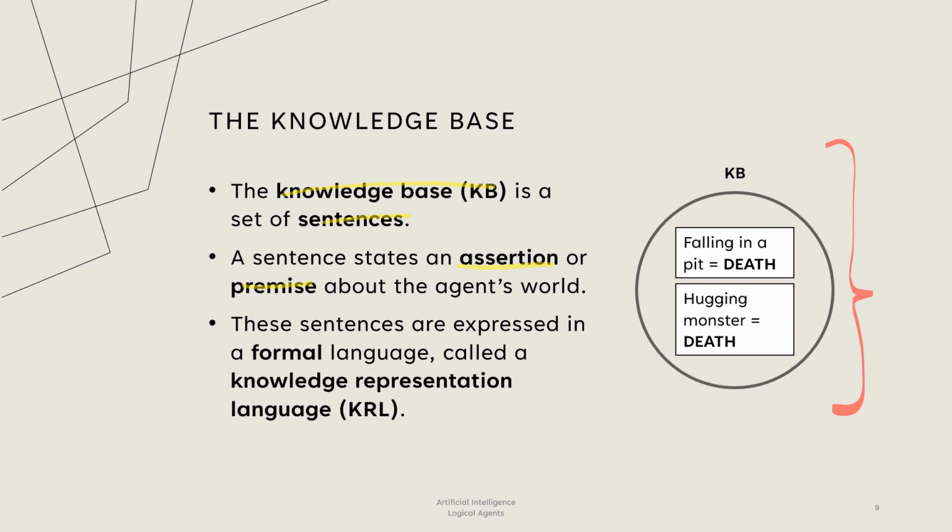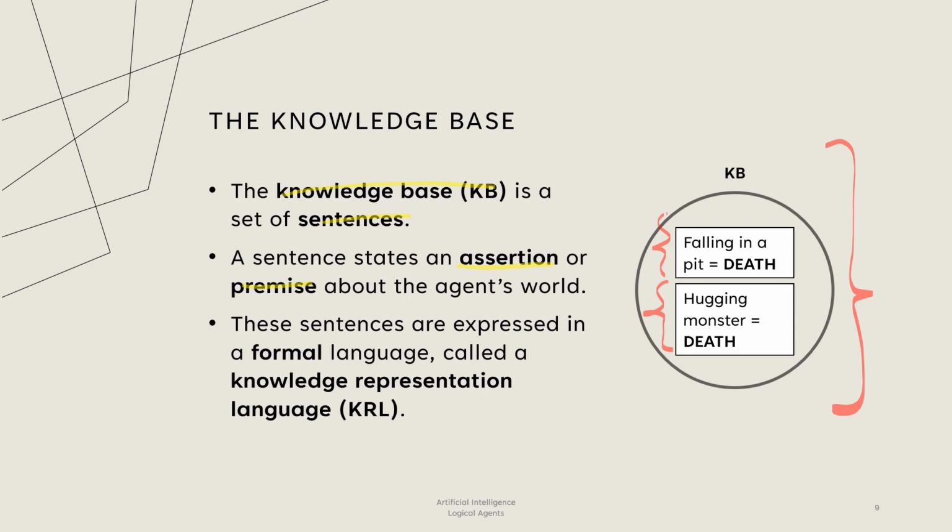So for instance, this might be the start of a knowledge base for the Wumpus world example, where the agent knows that falling into a pit leads to them dying, and getting into the same space as the Wumpus will also lead to them dying. Of course, in the English language, our sentences are conveyed in a consistent language with consistent syntax, but at this level of agent, computers aren't nearly as good at detecting informal syntax.